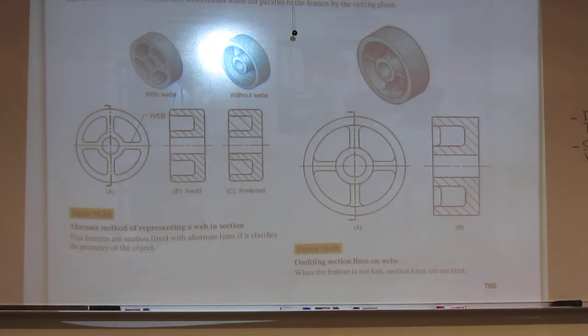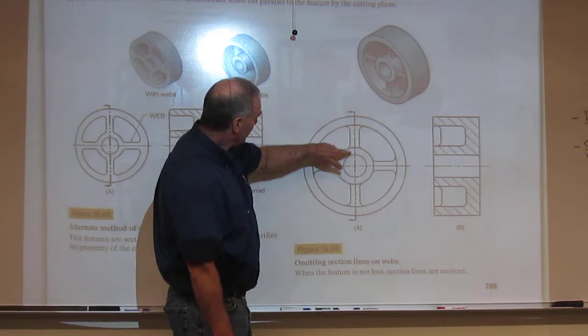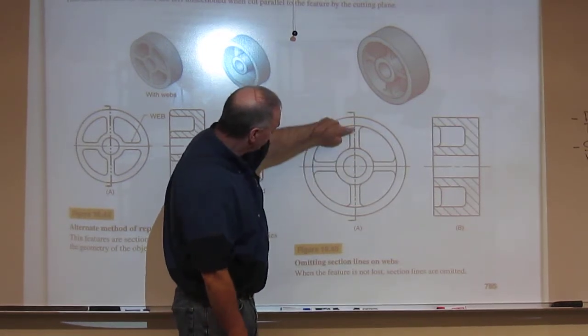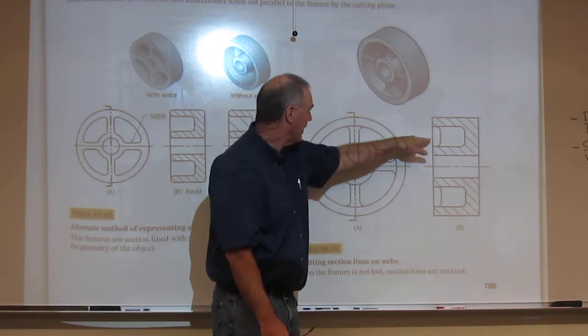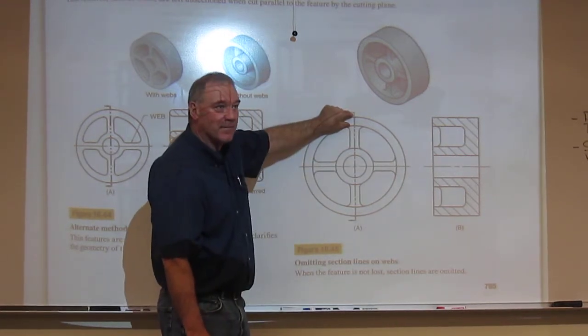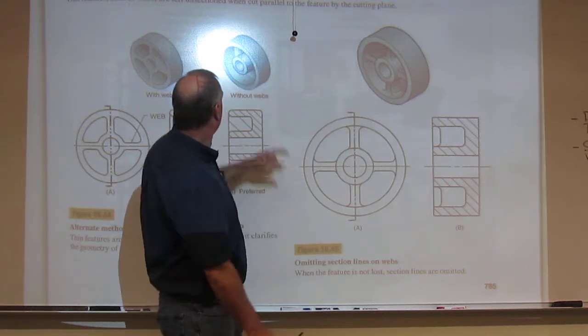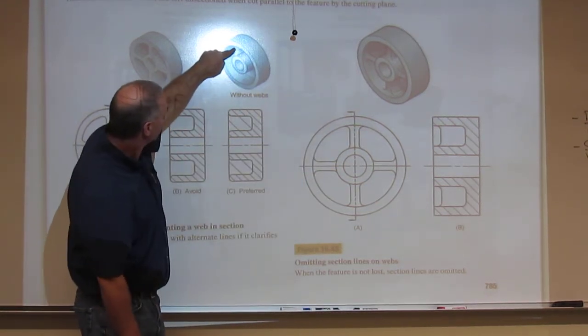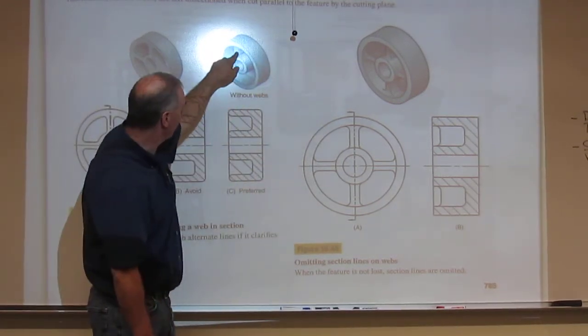Okay. So to compare and contrast, we're cutting it parallel to the long axis. This does not get section lined. This isn't any thicker, but it has mass in a circle. And if I had one like this one that was constant, you can kind of see this one doesn't have the spokes that these others have.